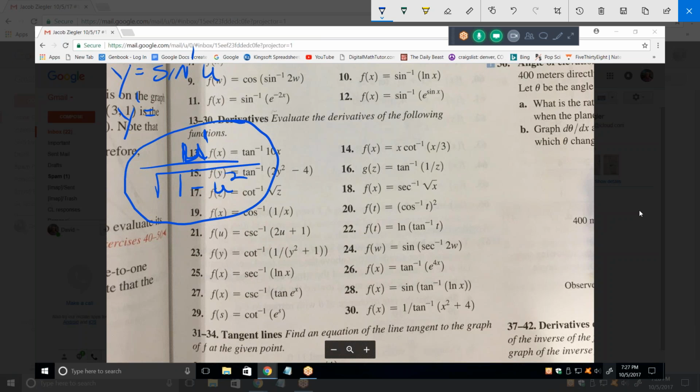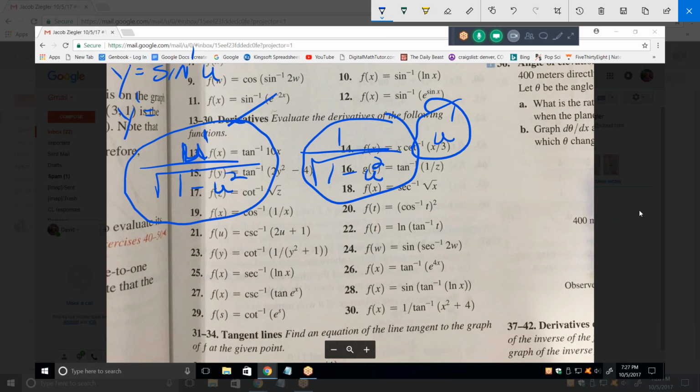But everything else, u is whatever's in the parentheses, or in the cotangent case, u is square root of z. Okay? So this really is the formula you're remembering: 1 over the square root of 1 minus u squared times u prime. That's the derivative of the outside, that's the derivative of the inside.